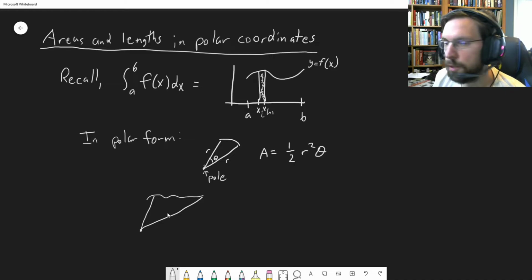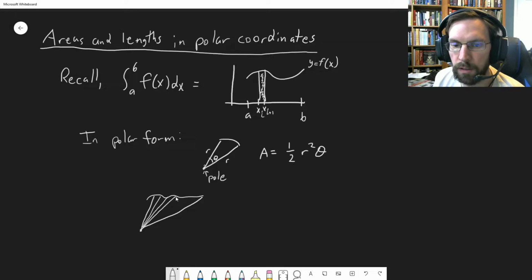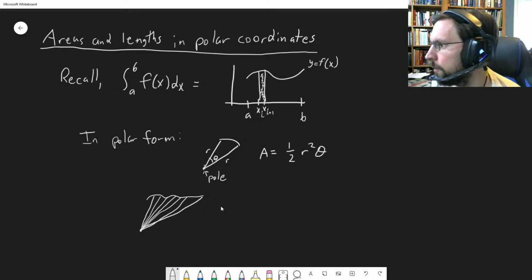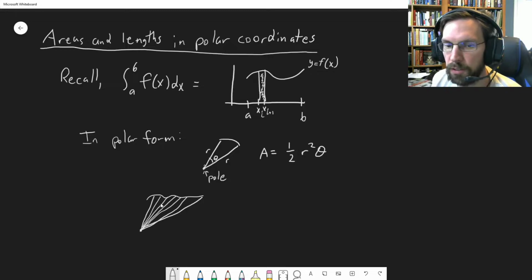What we can do, similar to what we did with the tiny boxes, is take a bunch of tiny wedges and find the area of each one of these tiny wedges. By doing this, we find the area enclosed by this region.